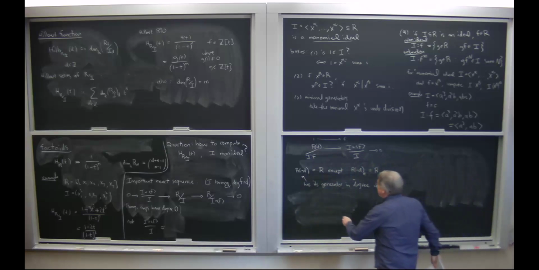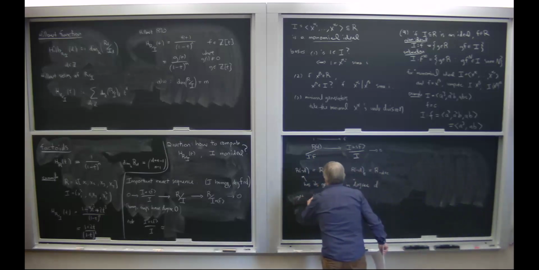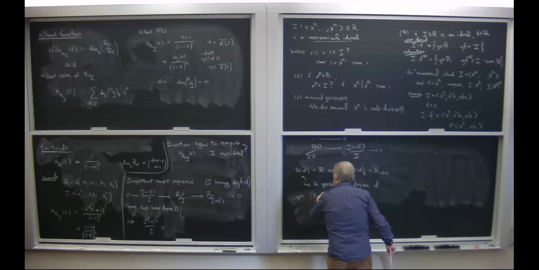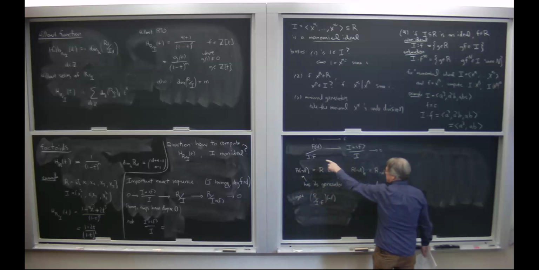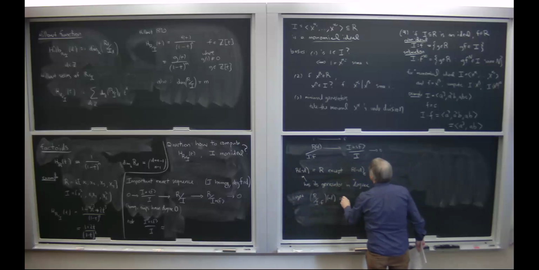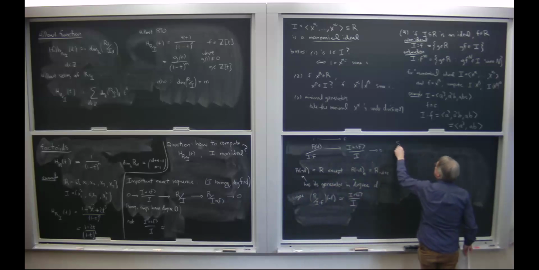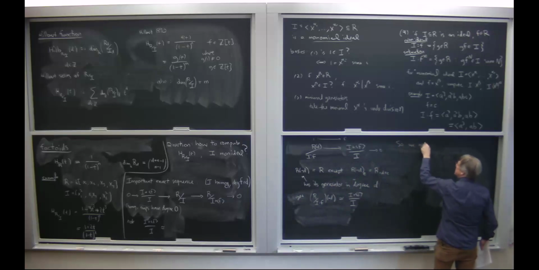But what we get here is that R mod I colon F shifted in degree D, okay, that's the same thing, is isomorphic to I plus F mod I. So we get the following exact sequence.